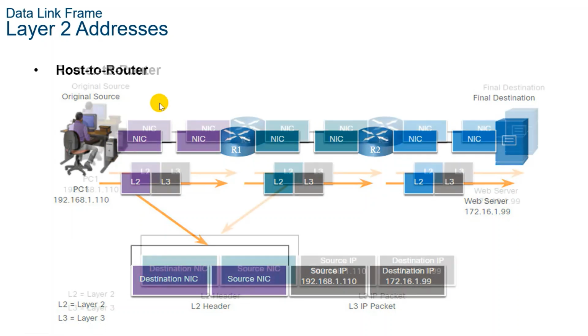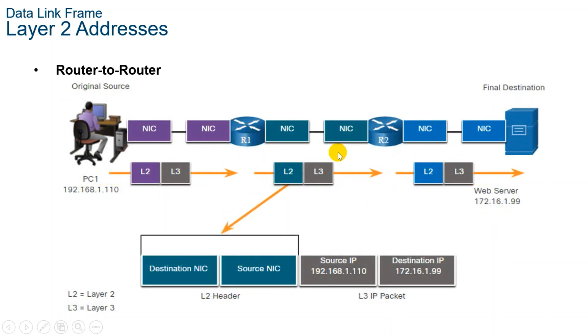Next, we are now on a layer 3 communication, a communication between R1 and R2. We call it router to router communication. R1 encapsulates the layer 3 packet in a new layer 2 frame. So it is a new encapsulation here. The encapsulation here is already done, we're done with it, and therefore R1 will re-encapsulate the packet in a new layer 2 frame.